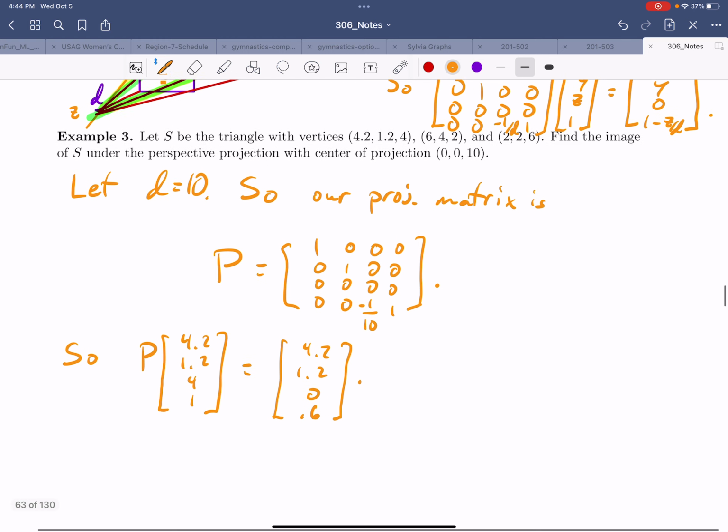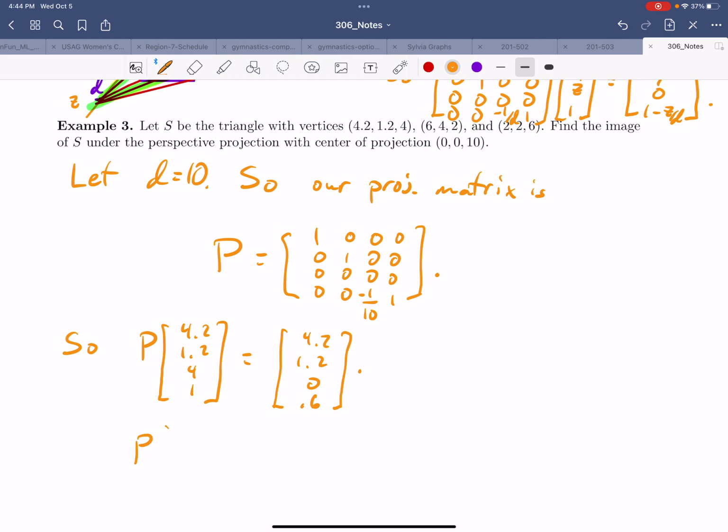Okay, and you can just do the others, right? P of 6, 4, 2, 1 equals, etc. And again, this will be 6, 4, and this will be 0, and then this will be 1 minus 2 over 10, so that's going to be 0.8.